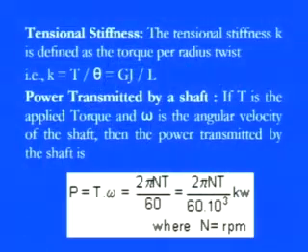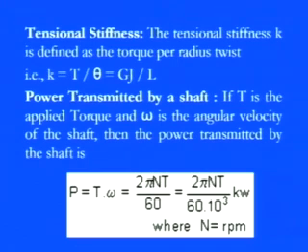So this is the torsional stiffness. It is defined for the torque application. And then we have the last term, the power transmitted by a shaft, because this is the basic application of any shaft. If T is the applied torque and omega is the angular velocity of the shaft, then the power transmitted is P equals T times omega. Since it is the angular velocity, we can describe it in terms of rotational speed, so omega is equal to 2 pi N divided by 60.